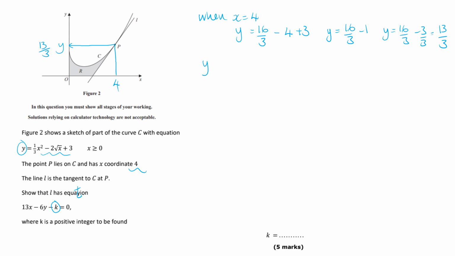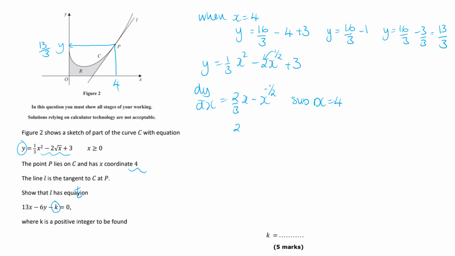Now if we set y equal to 1/3 x squared minus 2x to the half plus 3, and now differentiate it, power down, it's 2/3 x, and then the half, when it powers down, will cancel with the 2 and we'll get minus x to the minus half, taking 1 off, and we can sub in x equals 4 into that.